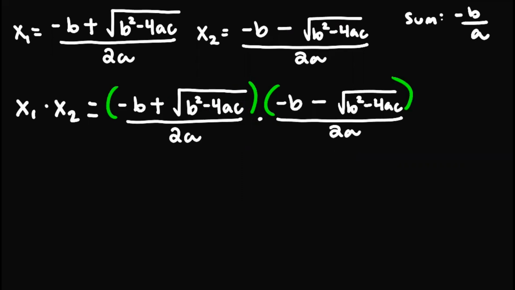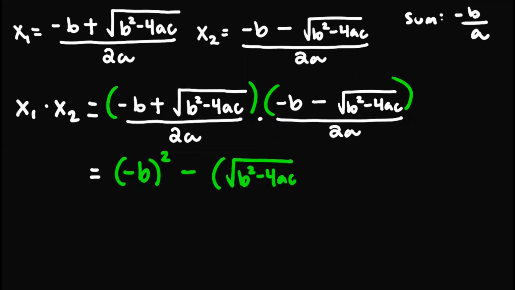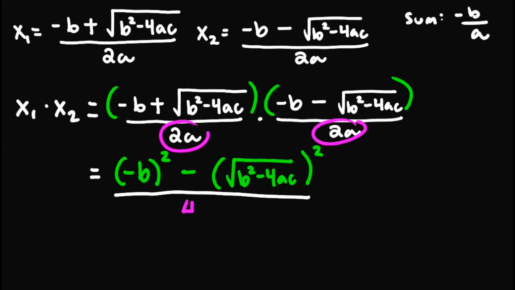And we know that the outcome for that is simply the square of the first term minus the square of the second term. B squared minus the square of the square root of b squared minus 4ac, all over, in the denominator, 2a times 2a, which will be 4a squared.